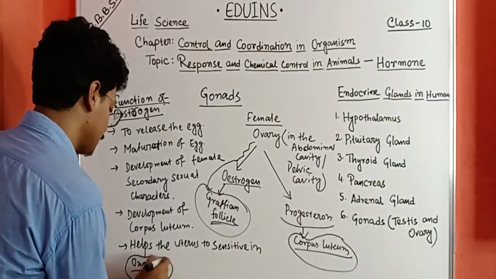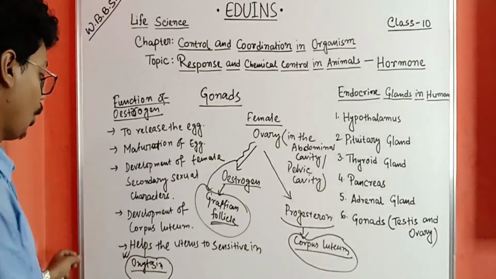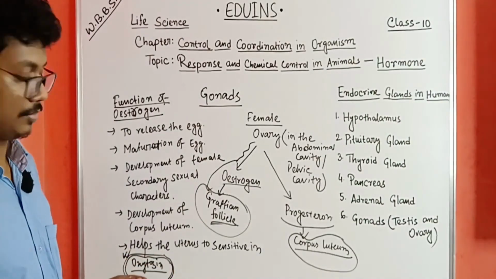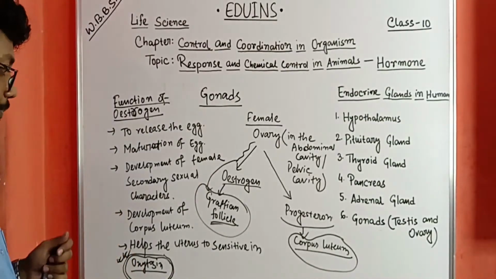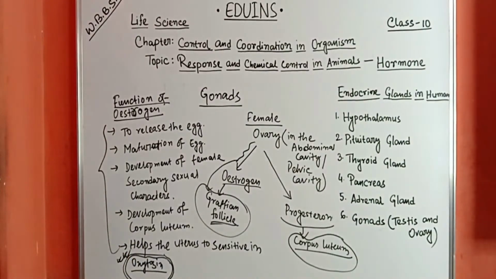Oxytocin is a loving hormone or anti-stress hormone, which is good for our body. So these are the functions of estrogen.